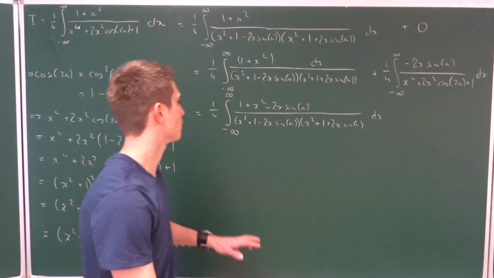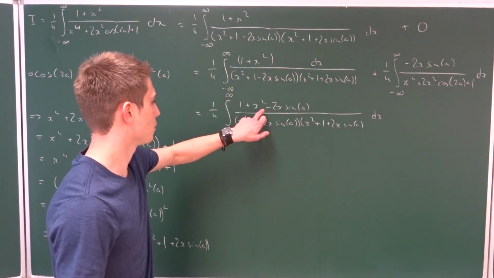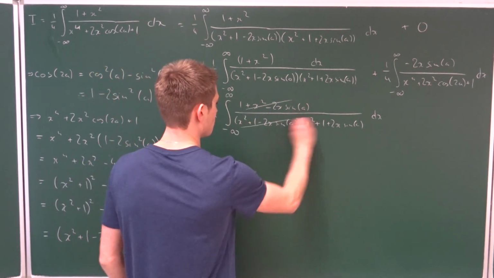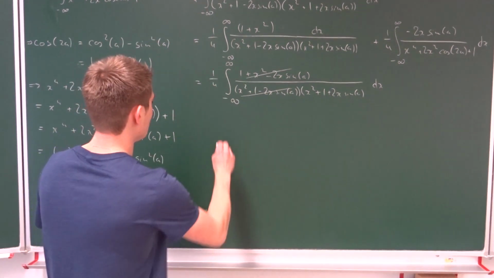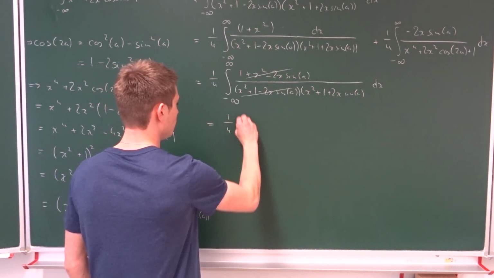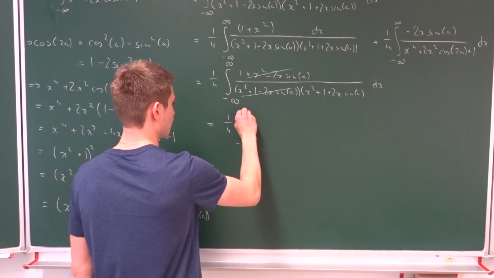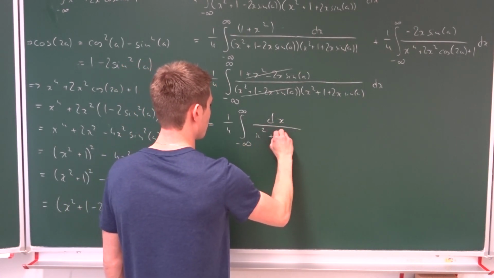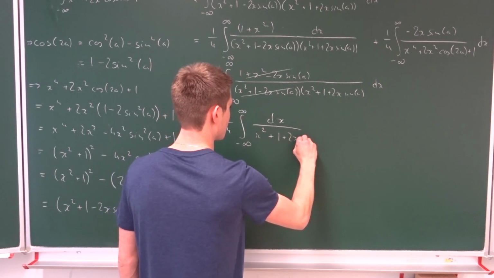And that's absolutely brilliant, because we can cancel out those two ones, because those are the same. So this cancels out and this cancels out, and what we are left with is 1 over 4 times the integral from minus infinity to infinity of dx divided by x squared plus 1 plus 2x sine of a.